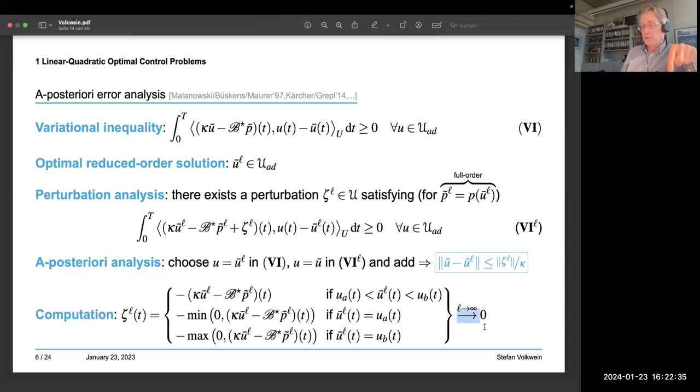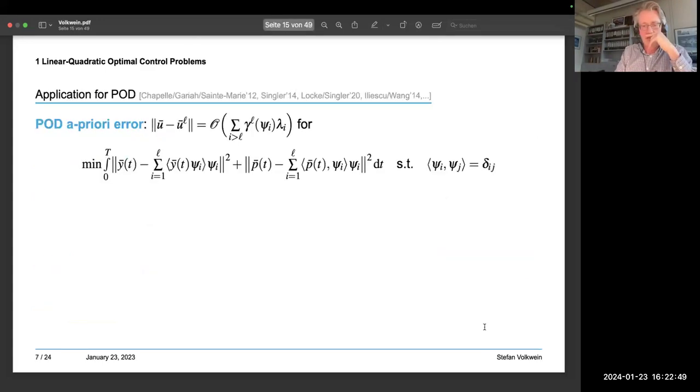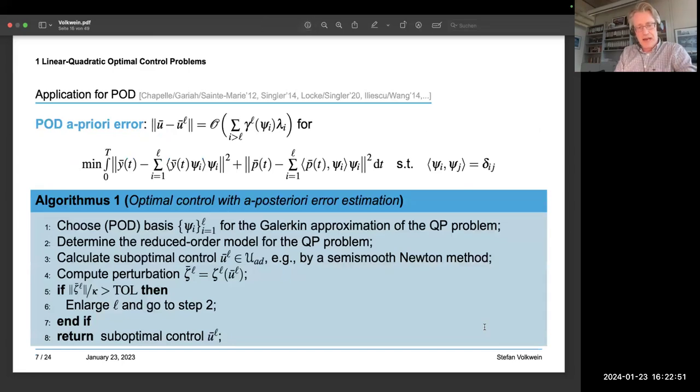Of course, what we do not have is any rate. It's not clear how fast this theta L goes to 0. Probably for some specific heat equation stuff, you can do something. If there's a convection, you cannot get a rate there, up to my knowledge. So then we enlarge L and solve again. And at some point, we hope that the factor is small enough, and then we are happy.